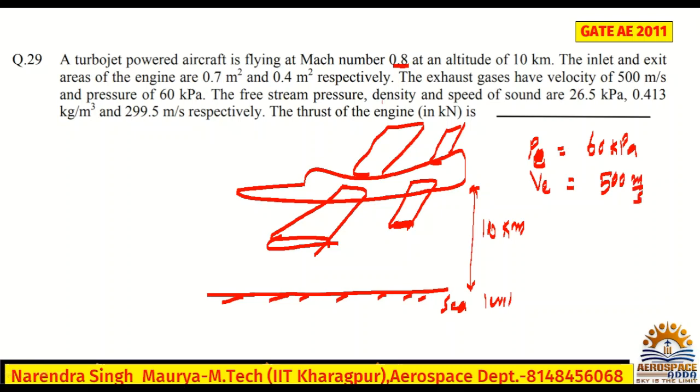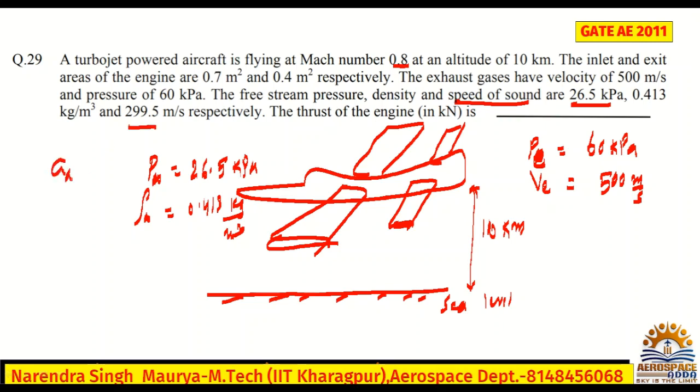The free stream pressure at the same altitude, P infinity, is given as 26.5 kPa. The free stream density is 0.413 kg per cubic meter at the same altitude. And the speed of sound at this altitude, A infinity, is given as 299.5 meters per second. These are the data they have given.